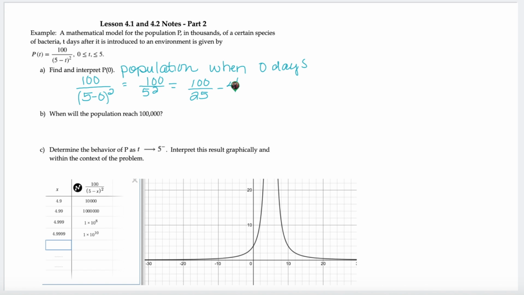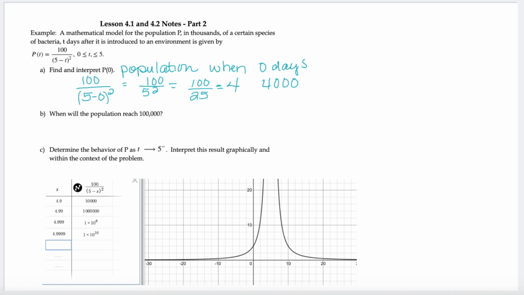So 4. And remember, this represents P as is in thousands. So this represents 4,000. This will be the initial bacteria introduced to a certain area or a certain environment at 0 days, so the initial population.